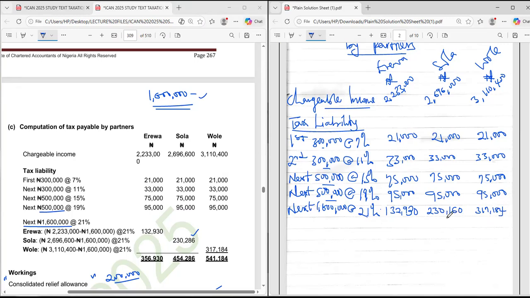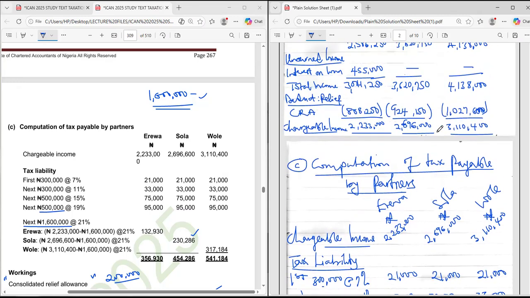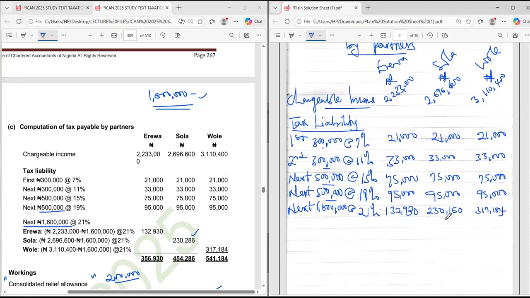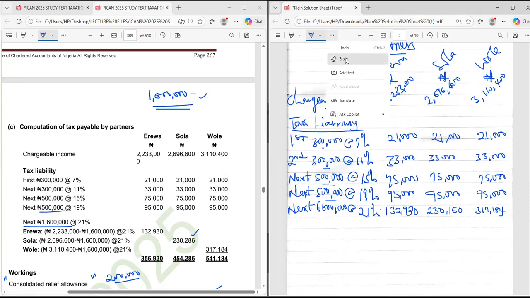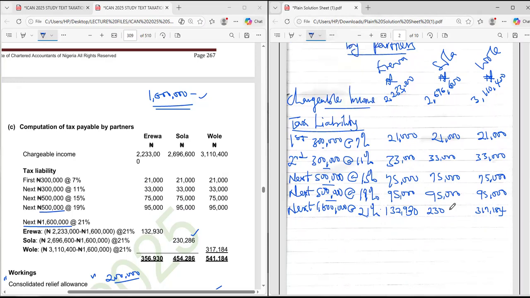I think this one should be good. There should be 600. So let's just change this. Just ensure that when you are doing yours in the exam, you are very careful. So we have 230,280.